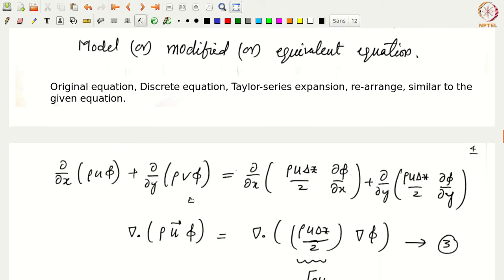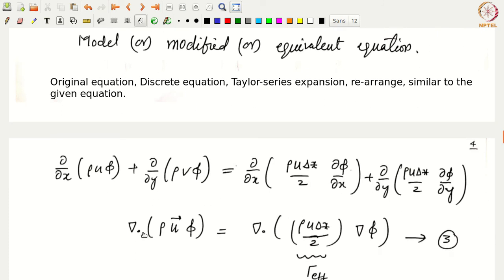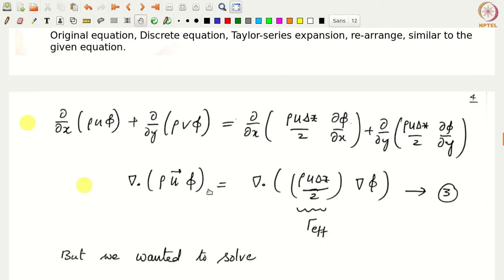Okay, now we can of course rearrange this as del dot rho u bar phi equals del dot of this quantity, rho u delta x by 2 times grad phi. We essentially converted this equation into a vector equation that looks like this. Now this is basically something similar to what we have learned.